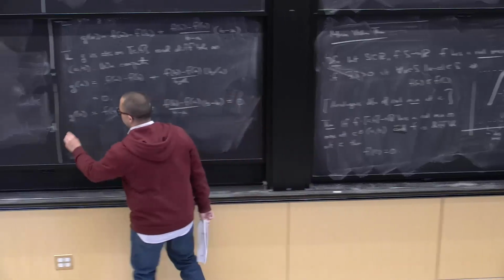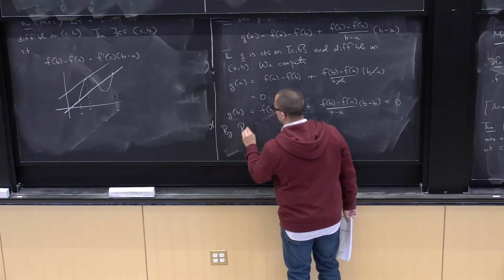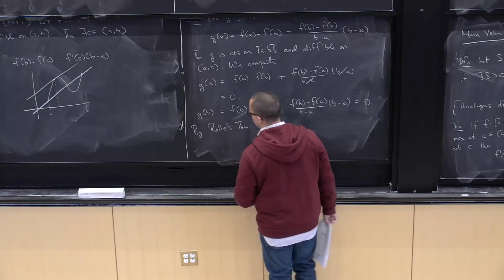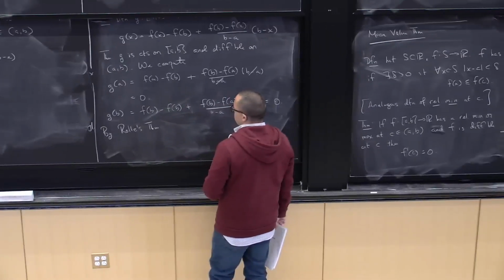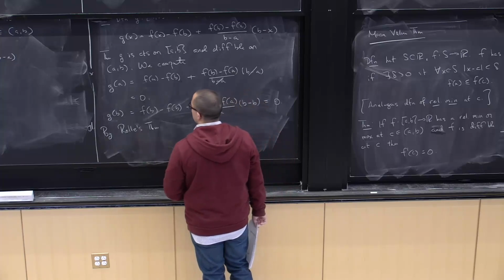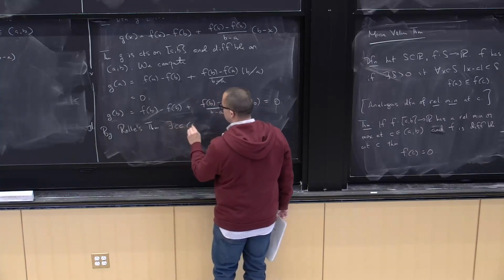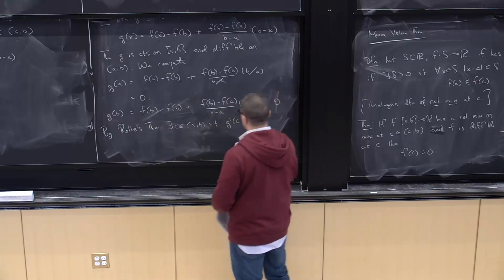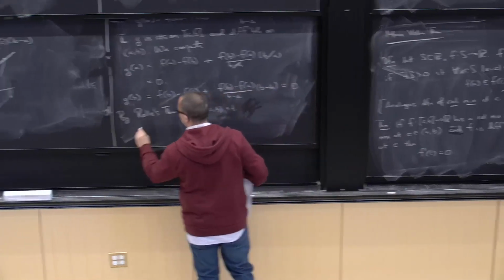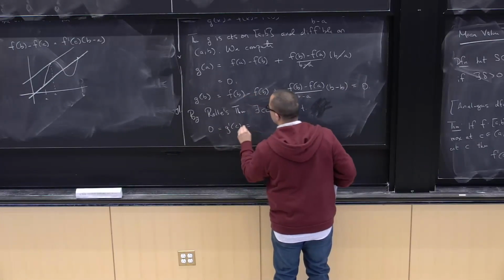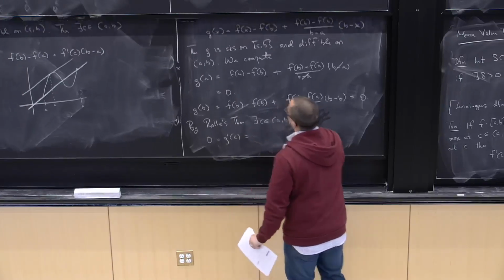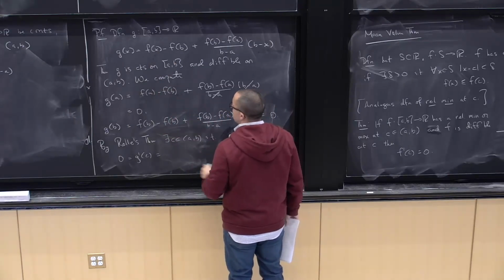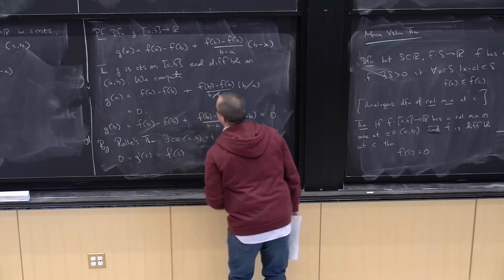And therefore, by Rolle's theorem, there exists a point c in (a,b) such that 0 is equal to g prime of c, which is equal to, if we take g and actually compute what the derivative is at c, f prime of c. That's a constant.